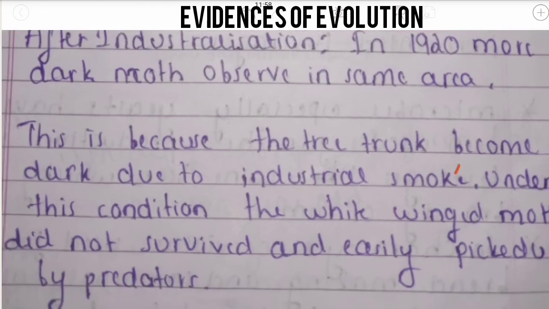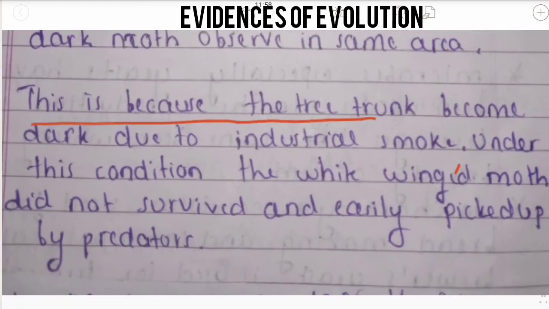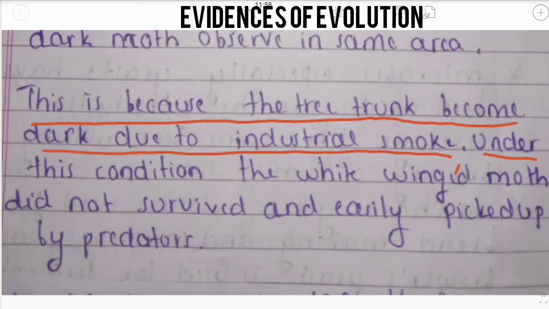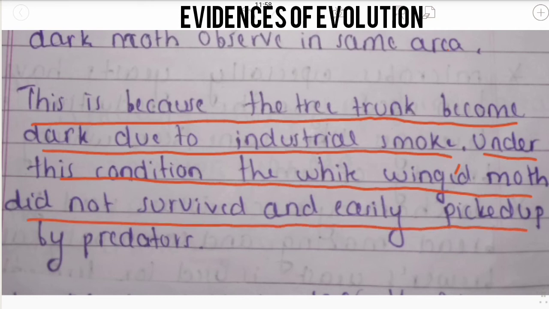This is because the tree trunk became dark due to the industrial smoke. Under this condition, the white-winged moth did not survive and was easily picked up by the predator. Earlier, before industrialization, the tree was covered by lichen, but now the tree is mainly covered by smoke.